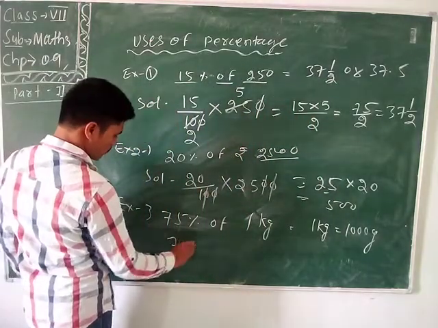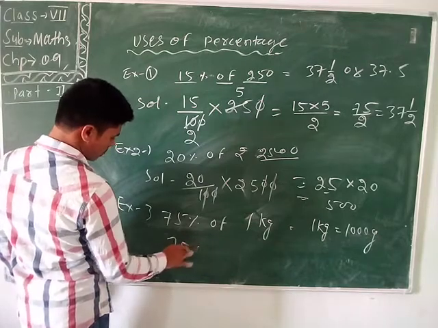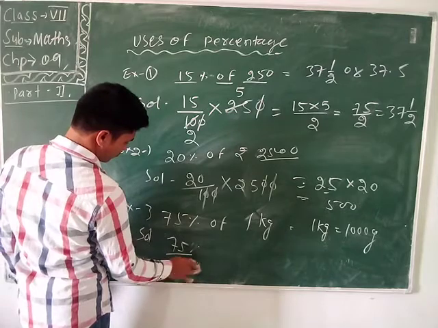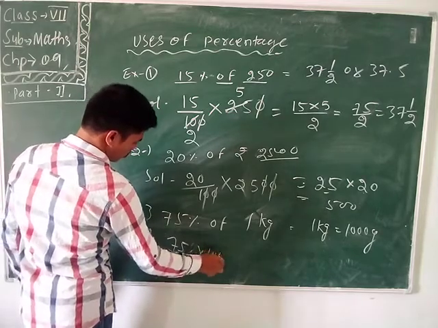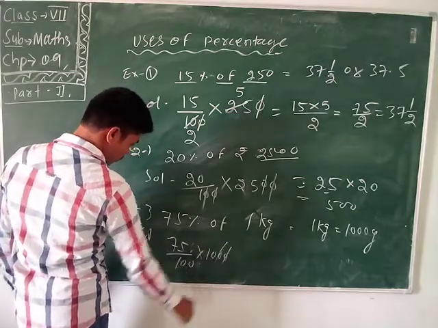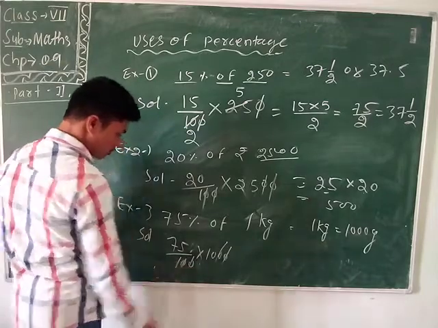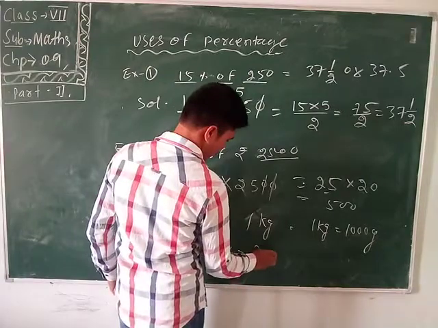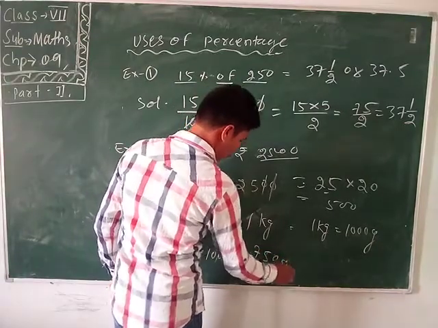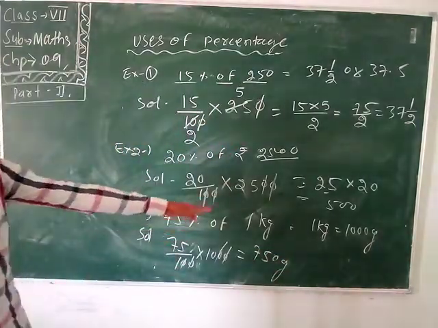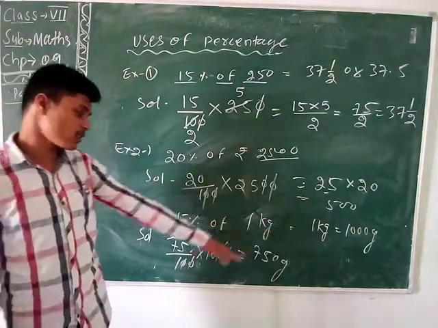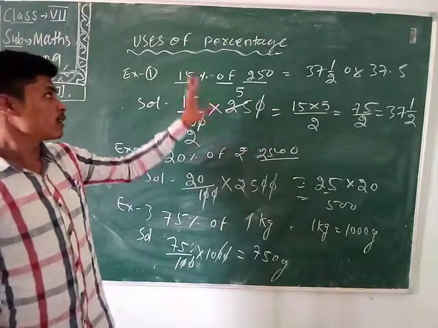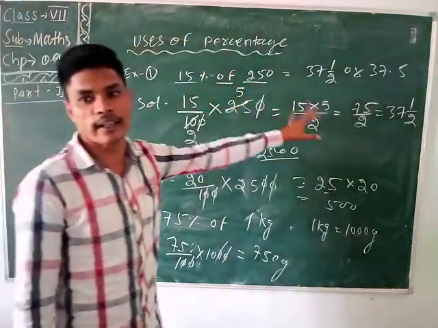So 75% means 75 by 100 into 1000. The zeros cancel. Now 75 into 10 equals 750 gram. So 75% of 1 kg is 750 gram. Clear? This is how we use percentage in kg, in gram, in rupees.